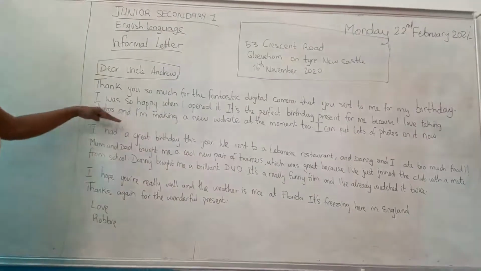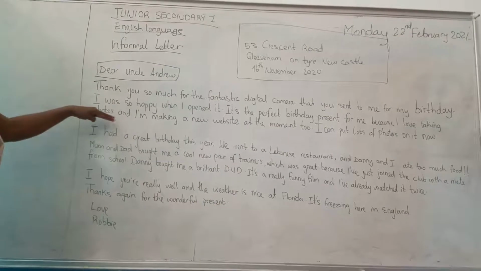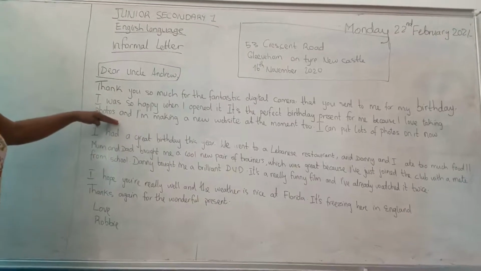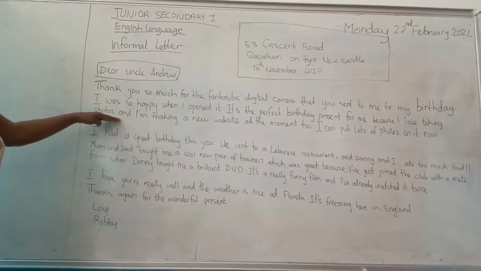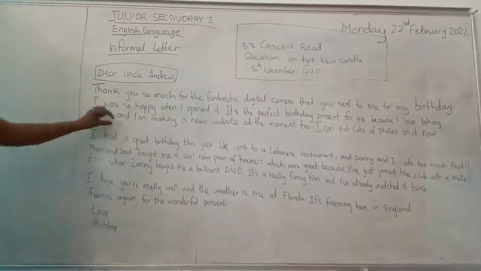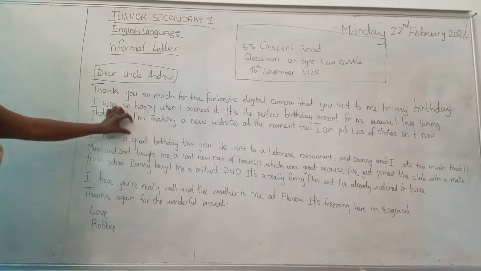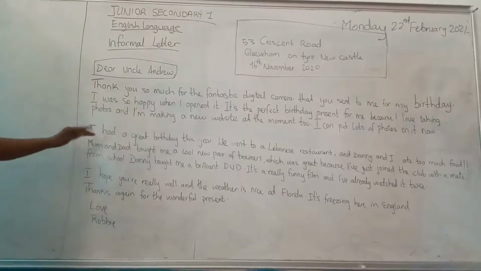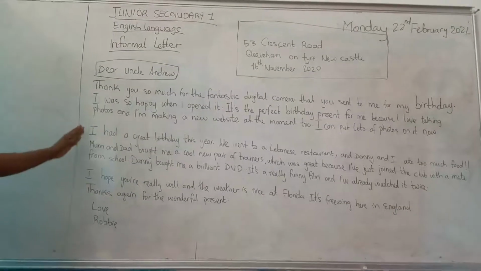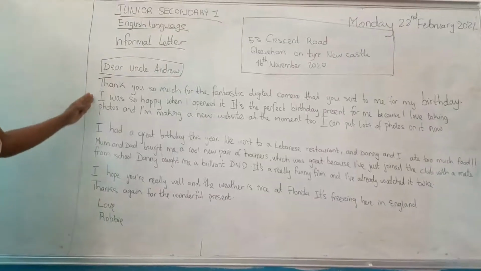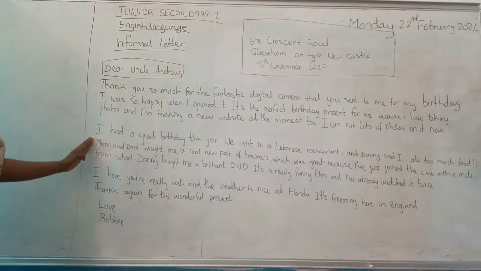Now you can jump lines. We call it block writing. You can jump one or two lines to make the reader know that that is another paragraph. So this space here separates my paragraphs. I start another paragraph here, and you write it directly under the other line.